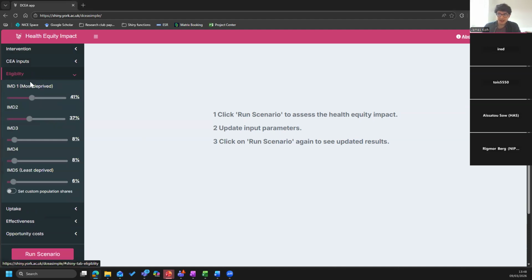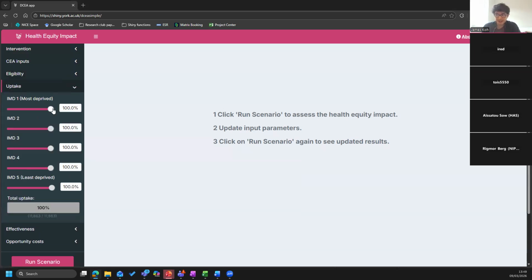It uses that hospital data from the disease population to populate the distribution of your eligible population. You can change this if you have different and potentially better data. What you can see here, again, is that for sickle cell disease there's a huge concentration in the most deprived groups in England.